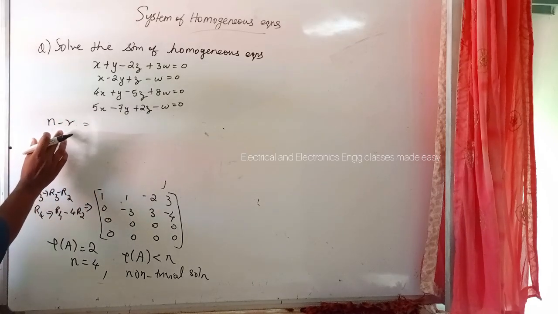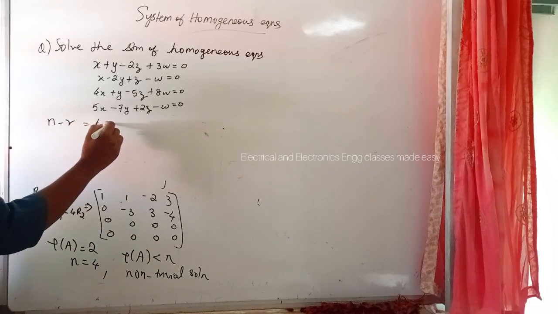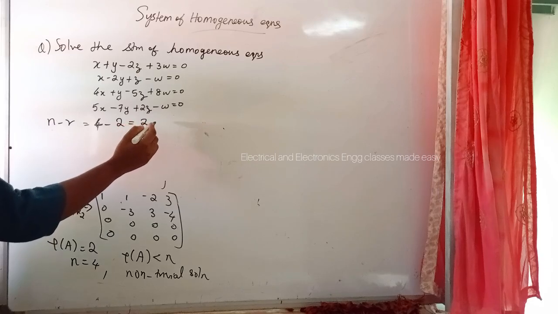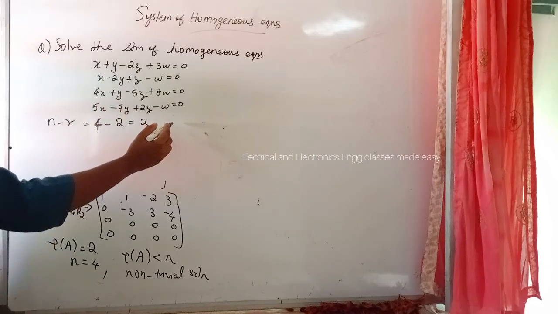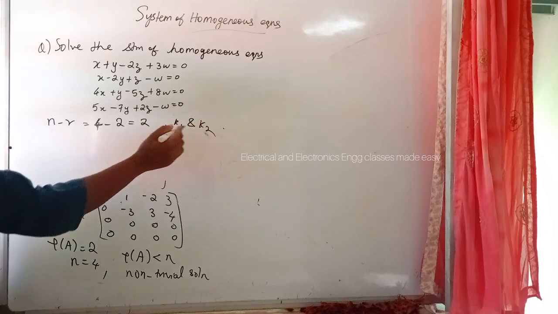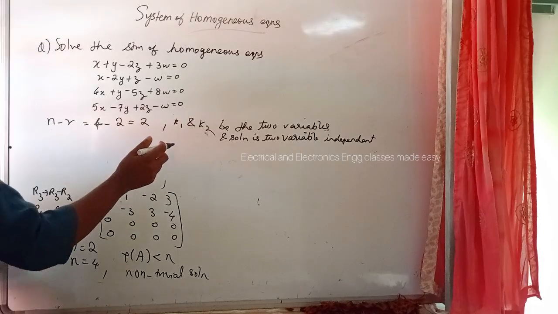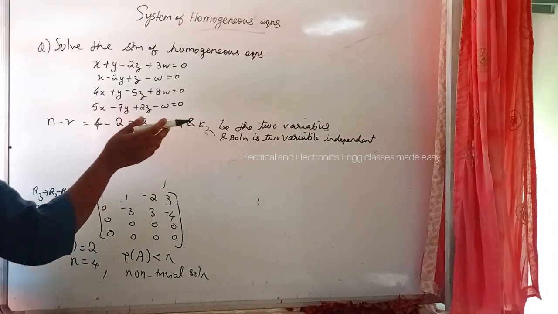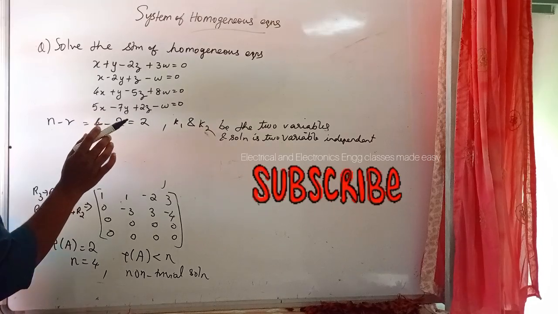Here n is 4 and the rank of A is 2, so 4 minus 2 is equal to 2. So we have to assume values for two variables, let k1 and k2 be the two variables, and hence the solution has two independent variables.